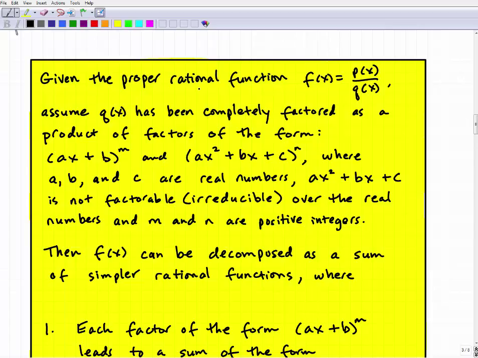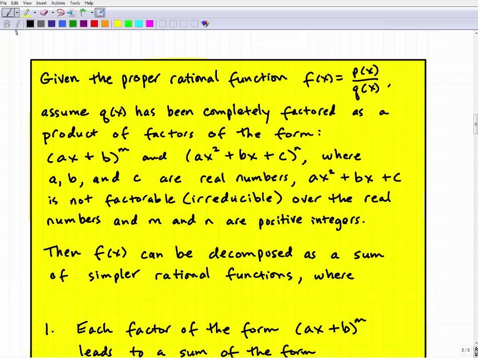So given the proper rational function, we just talked about what that is, f of x equals p of x over q of x. Assume q of x, that's the denominator, has been completely factored as a product of factors of the form, it's going to be in one or two forms, ax plus b to the n power, and or ax squared plus bx plus c, all that to the n power, where a, b, and c are real numbers.